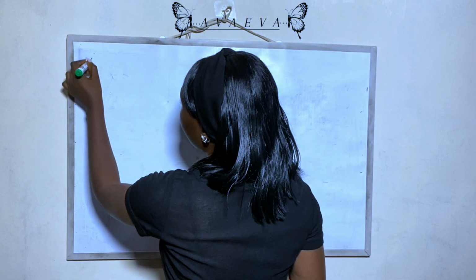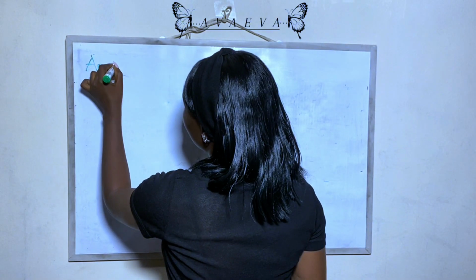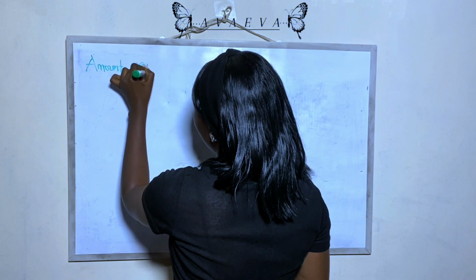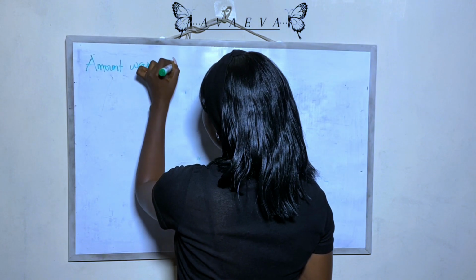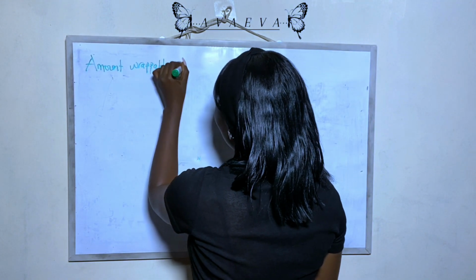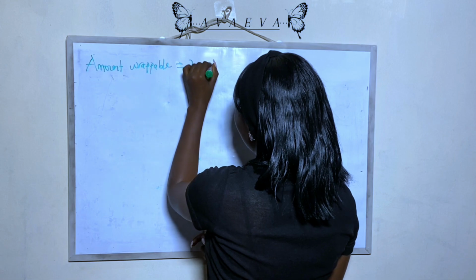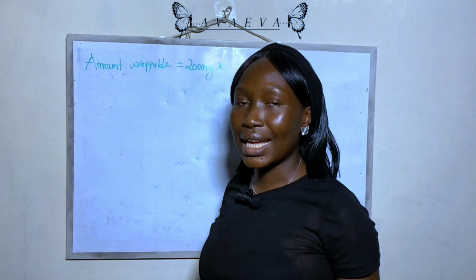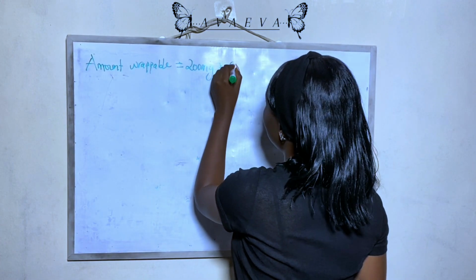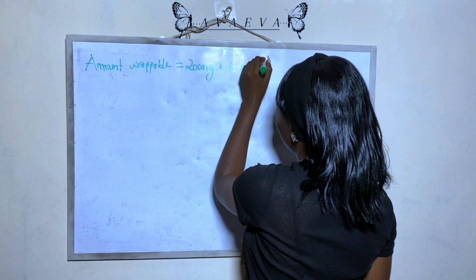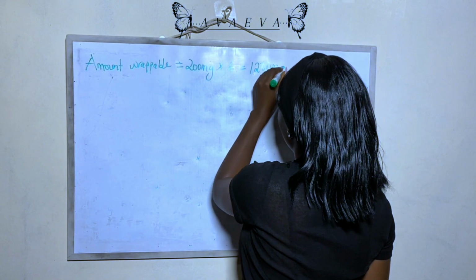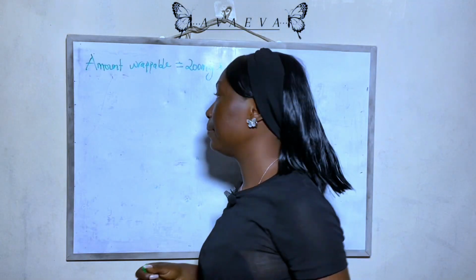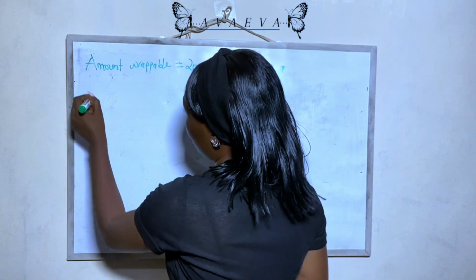Still on the calculation, the total amount wrappable for every powder is 200 milligrams. But you were asked to send 6 powders, so times 6, which will give you 1200 milligrams. Now, going further, you look for the amount of lactose required.